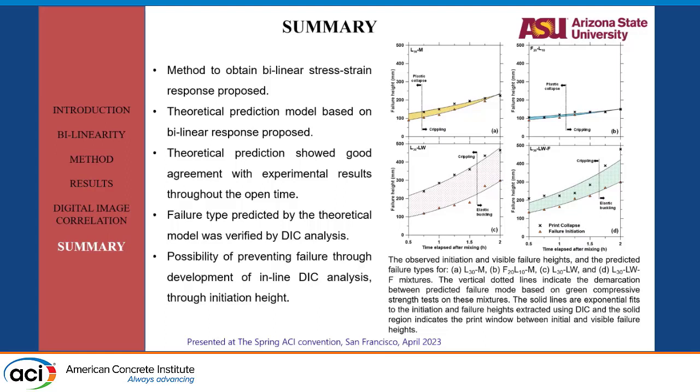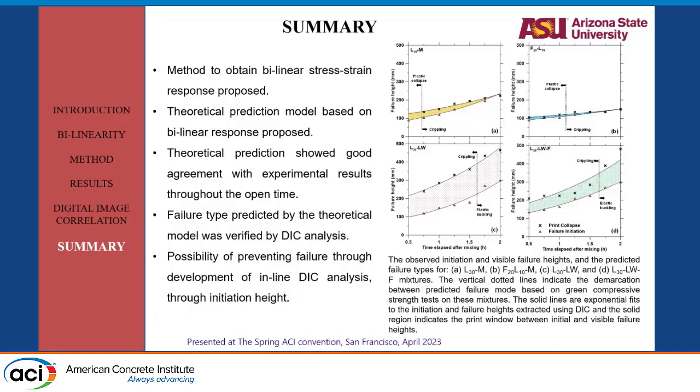We were able to verify it, and DIC verified whether it's a plastic collapse or a crippling. So we could separate those, and in printing also we could correlate them with exactly the same estimation from the numerical model. So DIC helped us quantify that the type of failure that we assumed from our model was the type of failure that we saw.